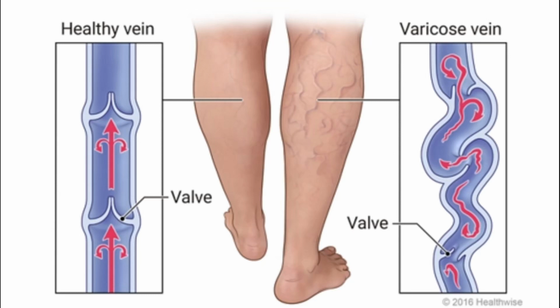When the valves are not working, the blood comes down and the veins will dilate as a first stage, and then they become tortuous, and this is going to increase largely the size of the veins.